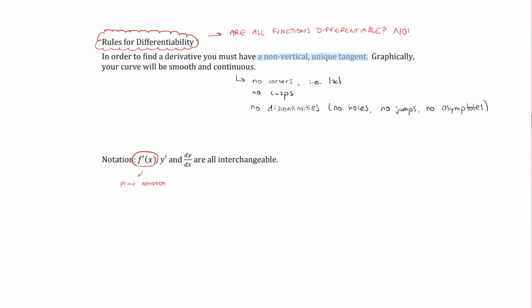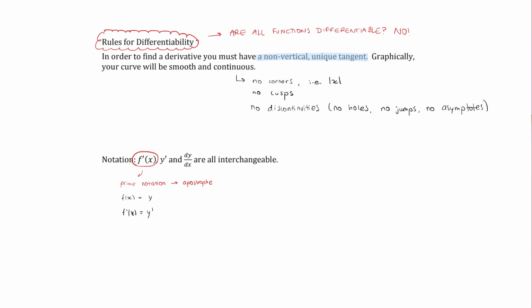So you might also see y prime being used for f of x. That is also perfectly fine. And the way that we represent prime notation is with an apostrophe. That little line that goes right next to y, that is what we call an apostrophe. And so that is the notation for prime notation.